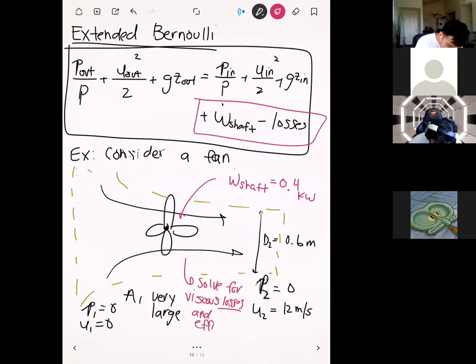How efficient is this fan at blowing the air? We also know the density of the air is going to be 1.23 kilograms per meter cubed.